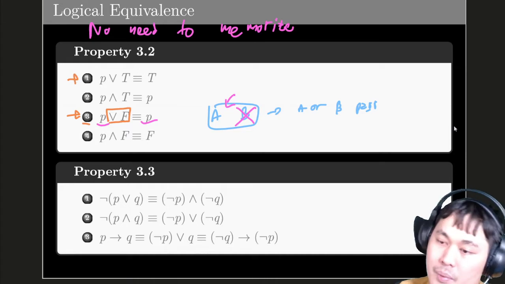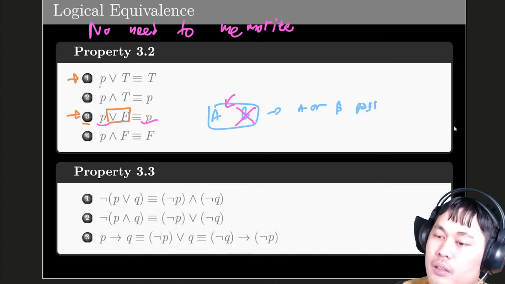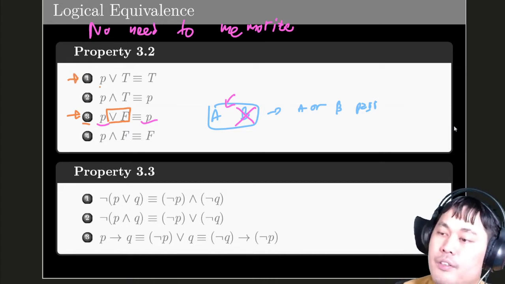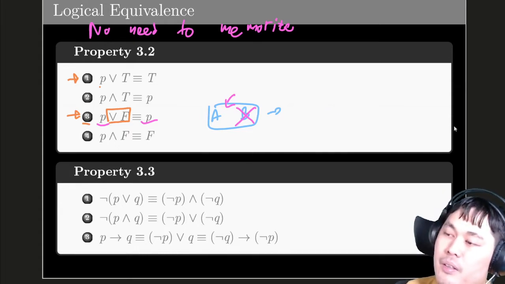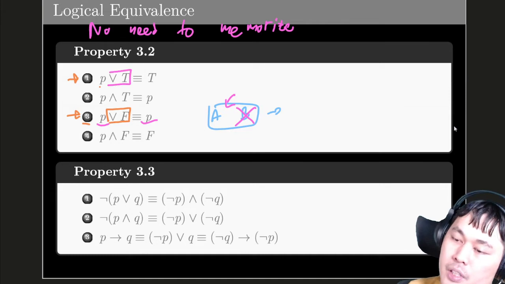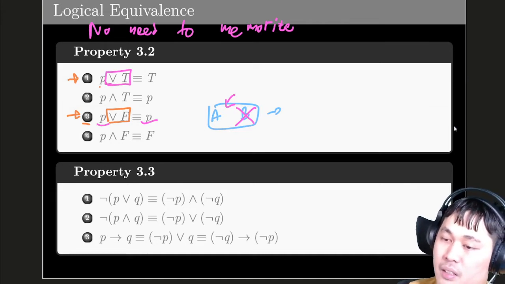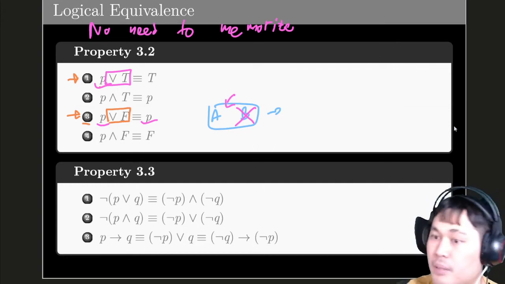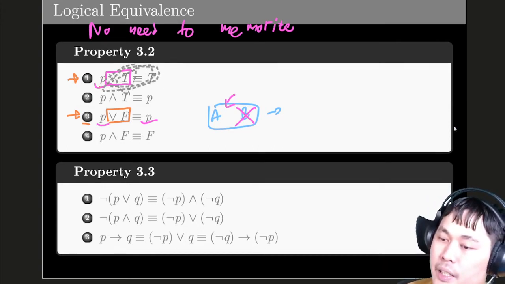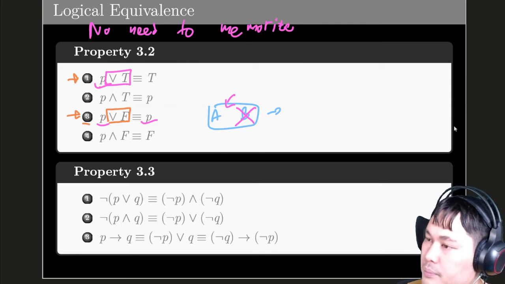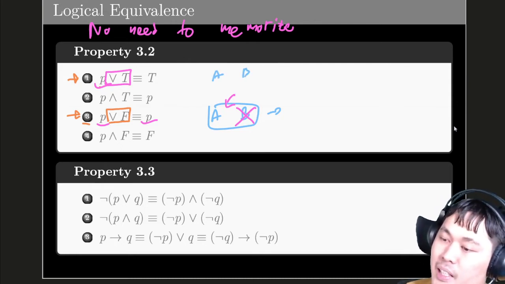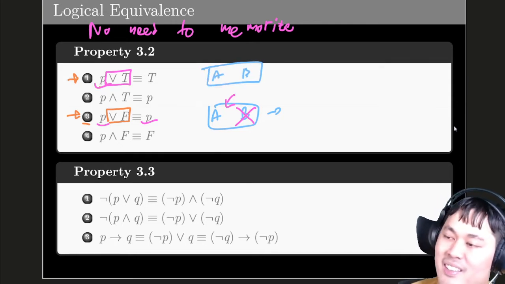But what about the first one? P or true is true. What it means is that if you combine a statement with a true statement, then it doesn't matter whether the first statement is true or not. The result is true anyway. Similarly, in the same competition, you want you or your friend to qualify.